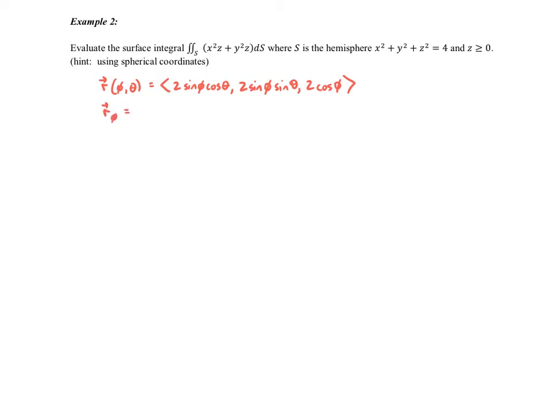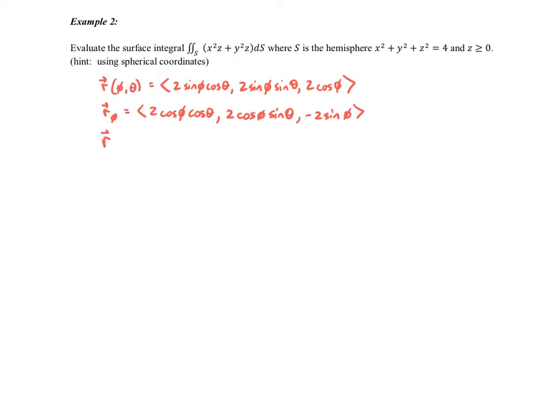So we have our partial with respect to phi, which is going to be 2 cosine phi cosine theta, 2 cosine phi sine theta, and negative 2 sine phi.